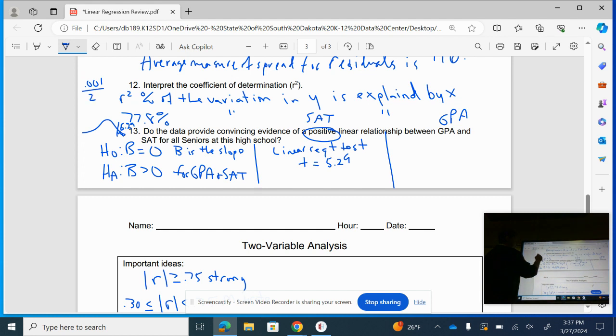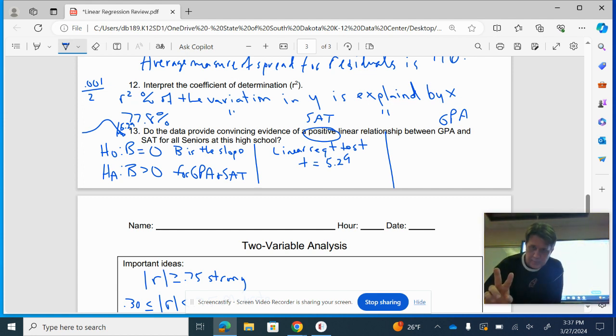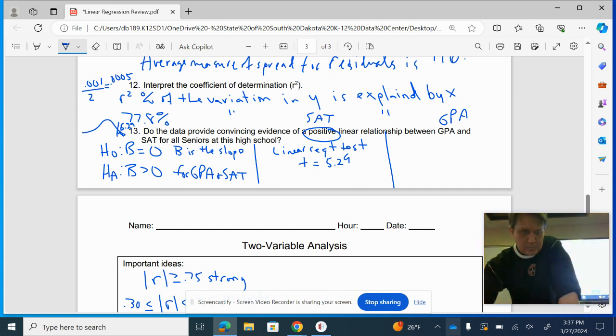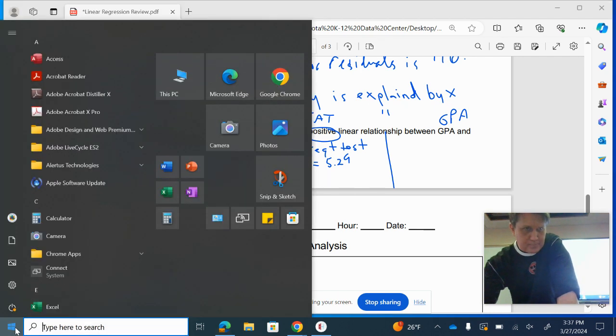You could divide it by 2 because that in the table is always the two-tailed p-value. If we divide it by 2, we'd get 0.005, but it's not quite accurate. So we're going to get the better accurate value if my Inspire calculator will hurry up.